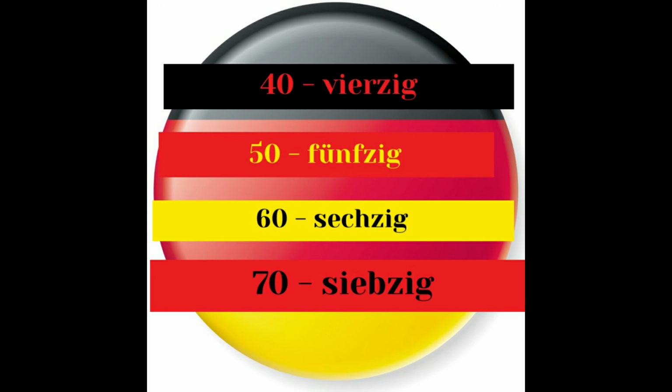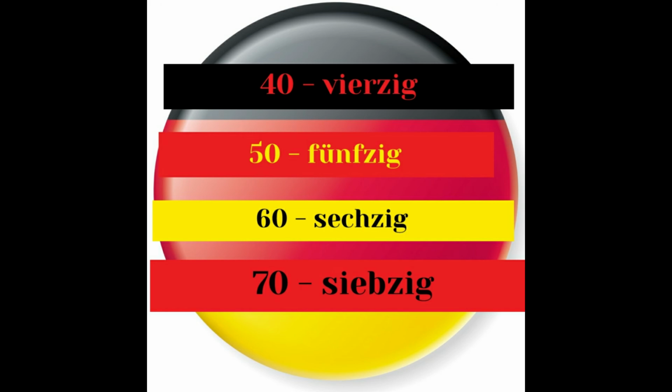And if we look at 60, if we remember 16, when we did the numbers 1 to 20, the number 16 has sechs in it. However, we don't put the S on the end of sechs, so it is sechzig.